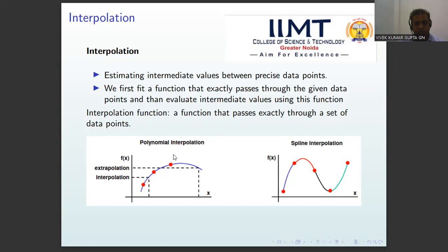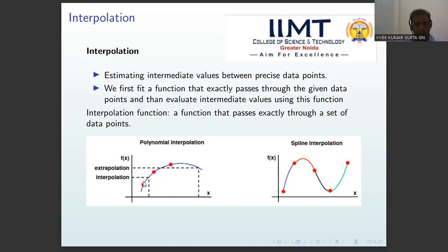Here we have given two diagrams for interpolation. First is polynomial interpolation. When we find the intermediate values between the given data points, the missing data, we use interpolation.